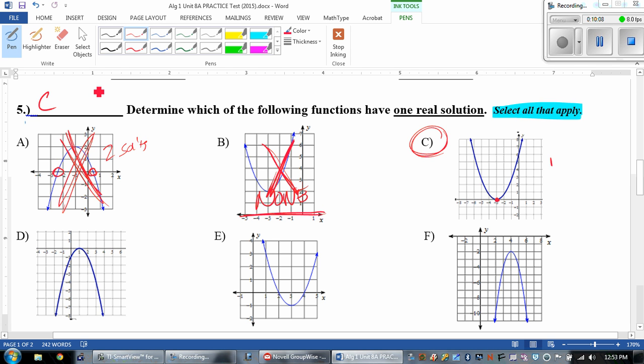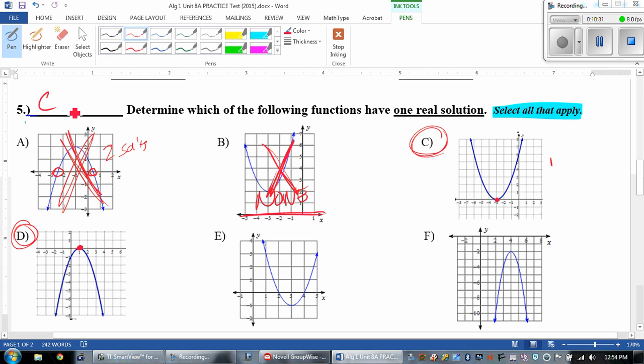So I know that C is one of them, but there could be more. So pause the video or just go through these real quick and see if you can figure out the other one or two. Which ones do you think? Well, D, yep, there it is. So there's one.